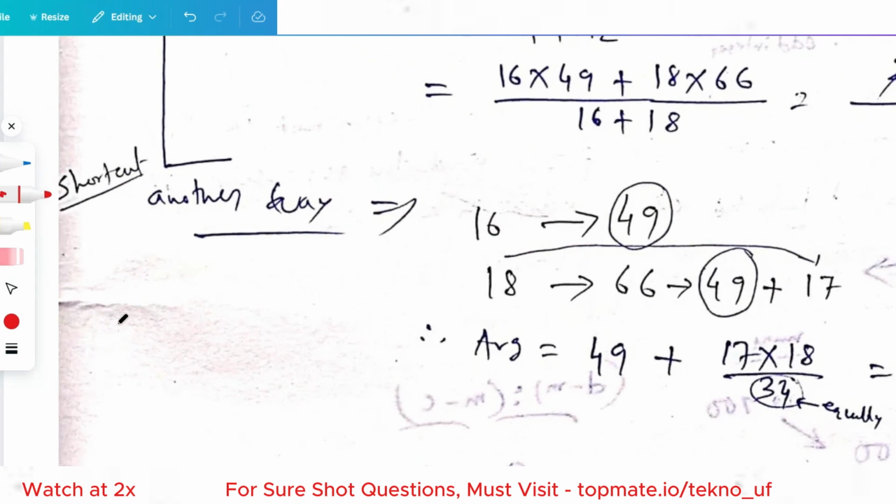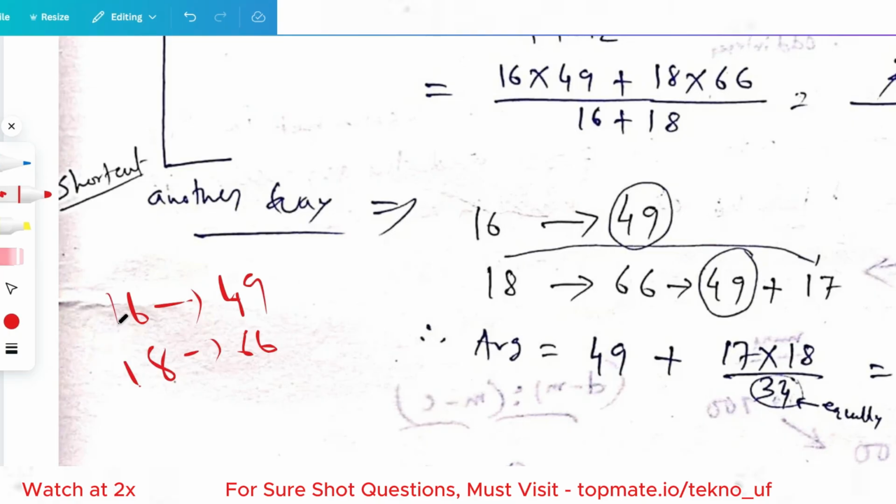Shortcut is, for 16 students, 49 was the average, right? And for 18 students the average was 66. So here 49 is the smallest number among these averages, 49 is the lowest.